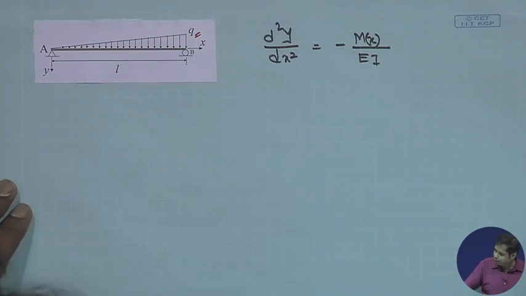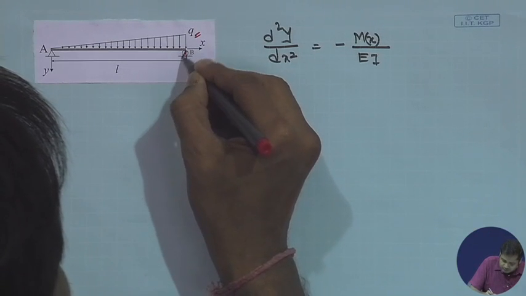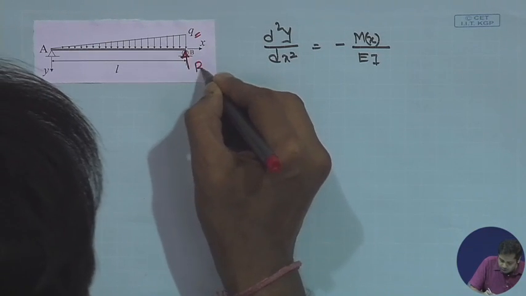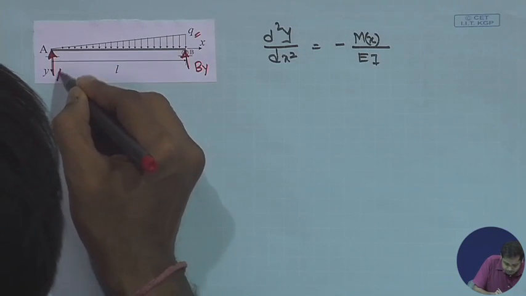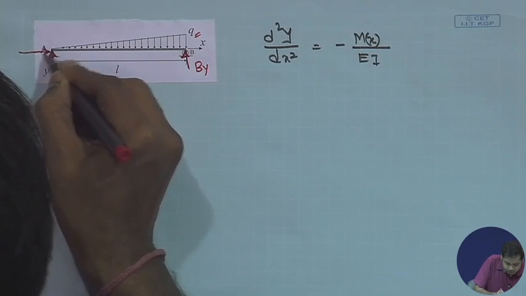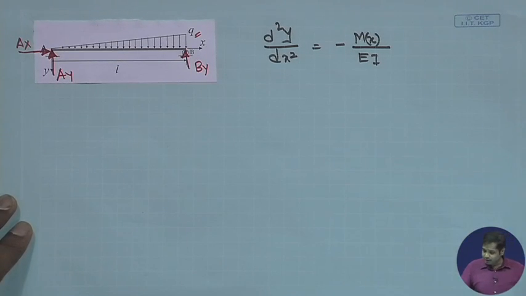If we draw the free body diagram like this, we have By, Ay and the horizontal reaction Ax. The horizontal reaction will be 0 in this case.